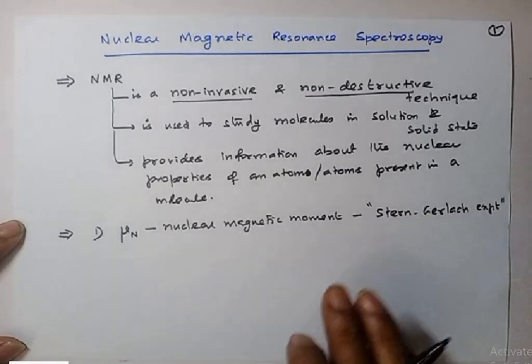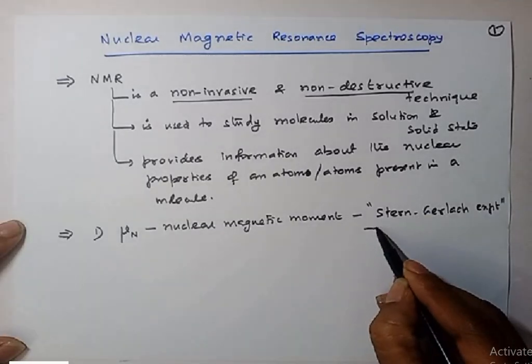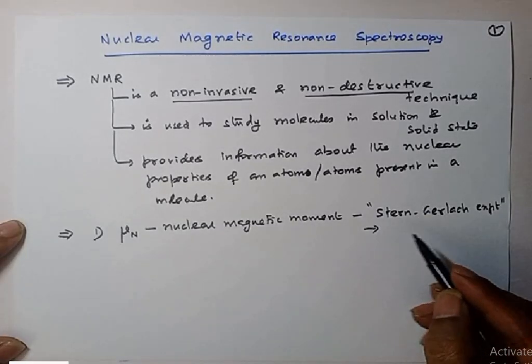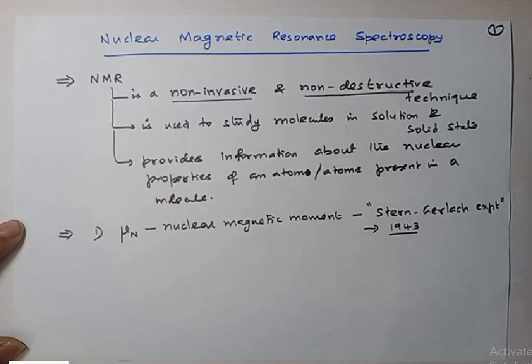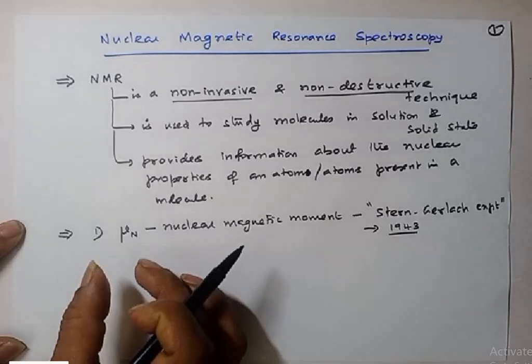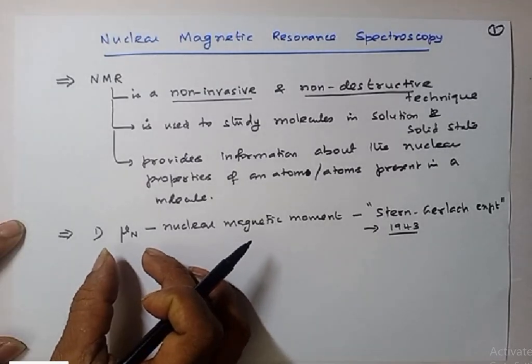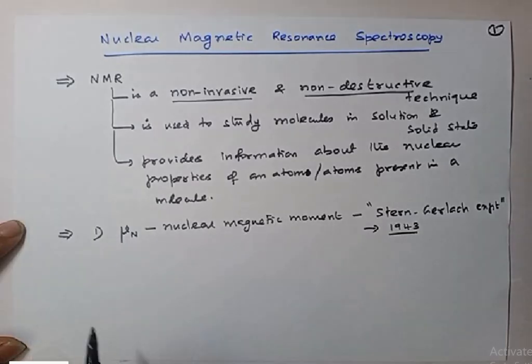Because of this work, Stern and Gerlach received the Nobel Prize in 1943 for the determination of nuclear magnetic moment.